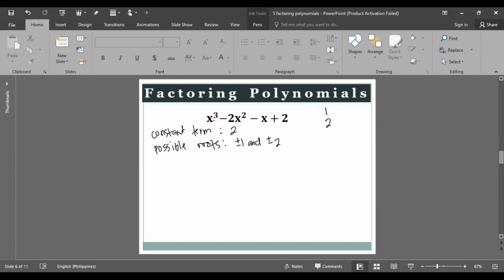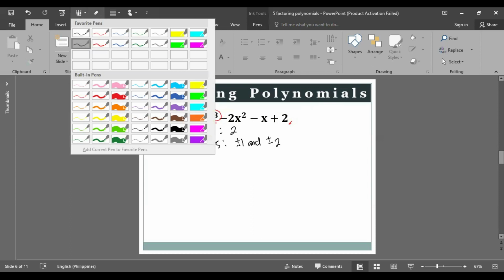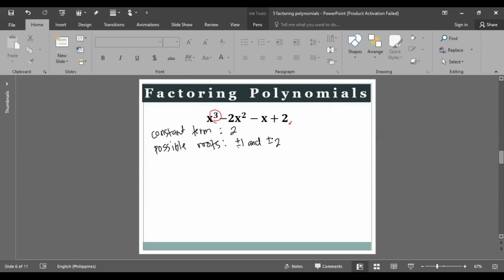Since the degree of this polynomial expression is 3, then there will be 3 roots or zeros for this polynomial expression. And since we have positive negative 1 and positive negative 2, ibig sabihin, tatlo dito yung roots nitong polynomial expression na ito.